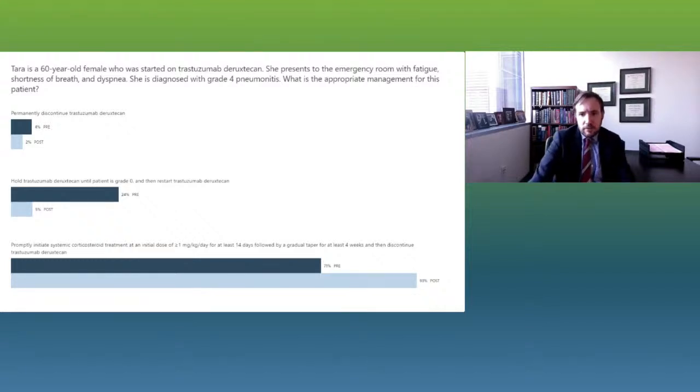Excellent, excellent. That's a big quorum there, 93%. Promptly initiating corticosteroid treatment for at least 14 days, gradual taper over the next month. But yeah, this is a grade 4 pneumonitis, clear radiographic findings with hypoxia, and no more trastuzumab deruxtecan for her.